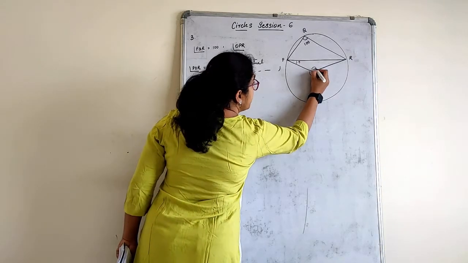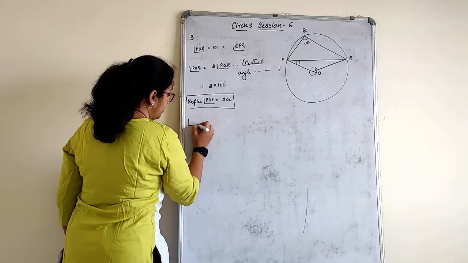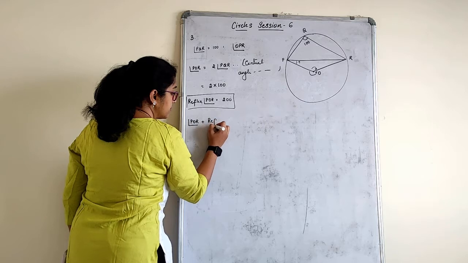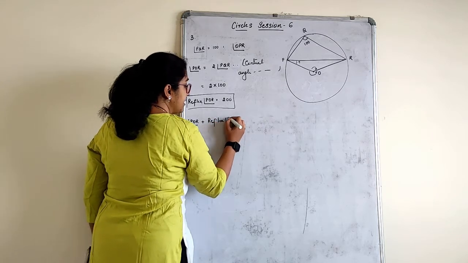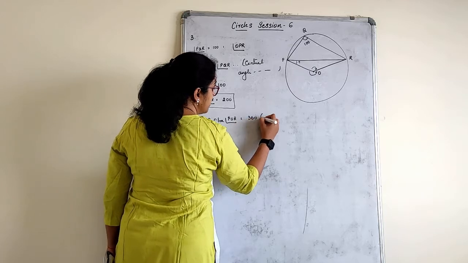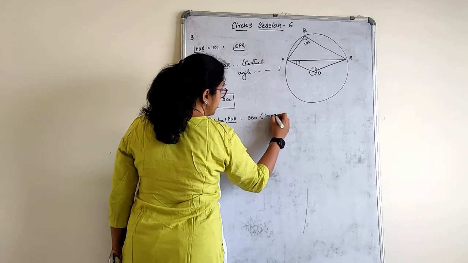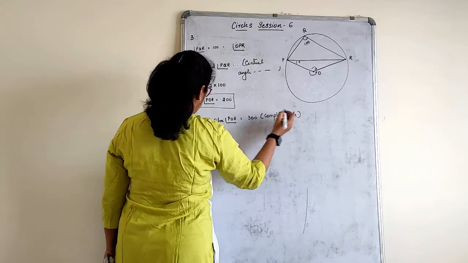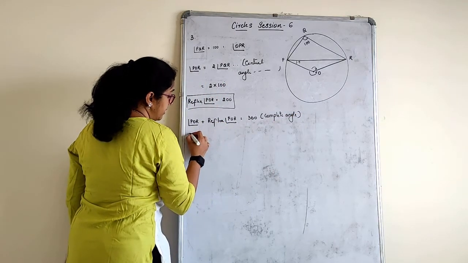Let me find this angle now. Angle POR plus reflex angle POR is equal to 360. Reason? Complete angle. So POR we have to find.